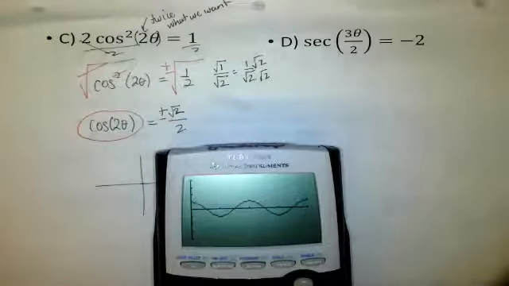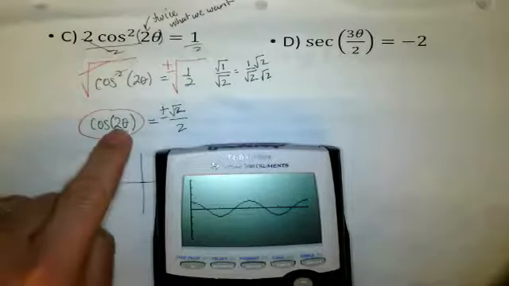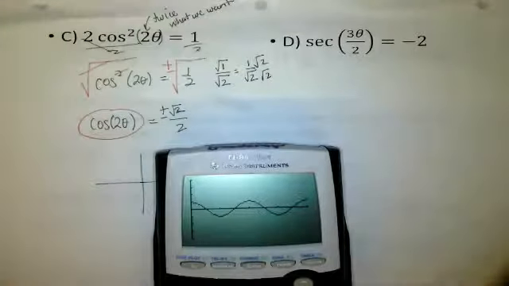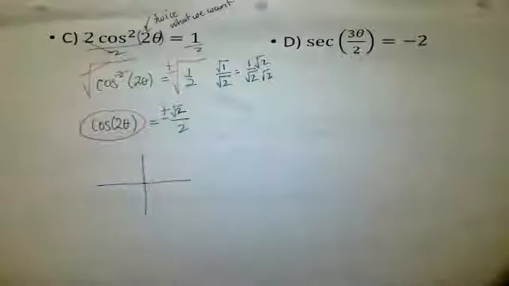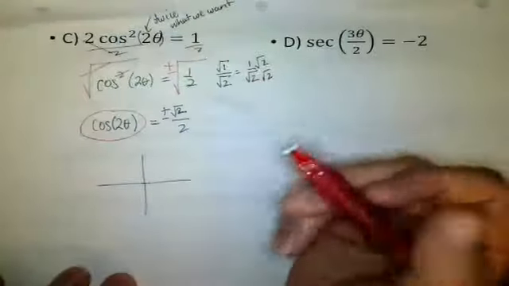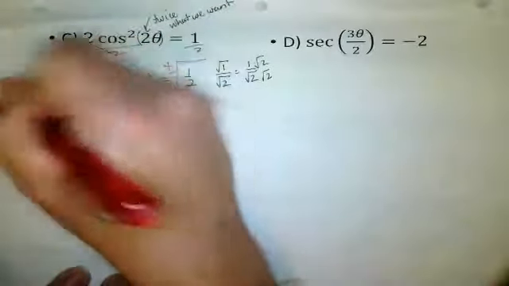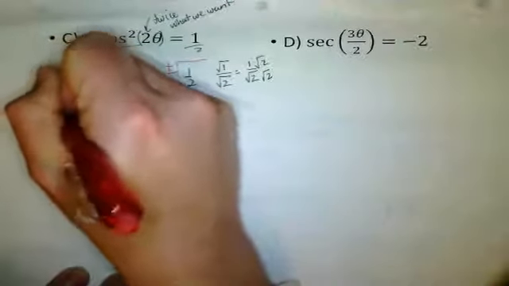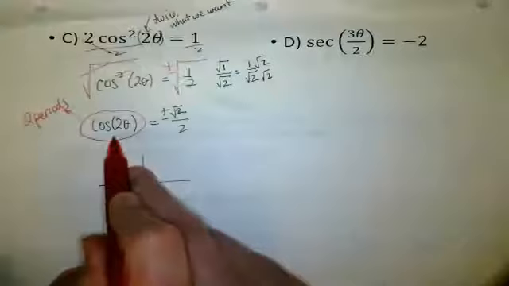So we have lots of solutions. So that too causes a horizontal compression. How many solutions are there going to be? 8 solutions. Okay. So there's actually 2 periods for this function.